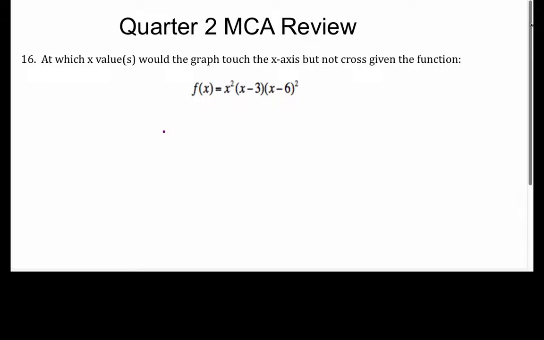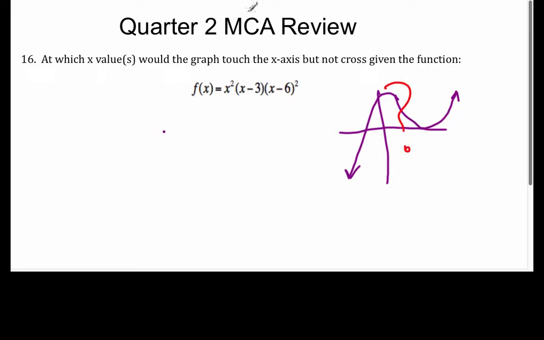In other words, when we say touch the x-axis, we mean that it's only going to come down and bounce right off of it. Maybe that happens at a couple different places, or maybe it crosses right through. I'm not too sure in this case because we haven't really checked it.